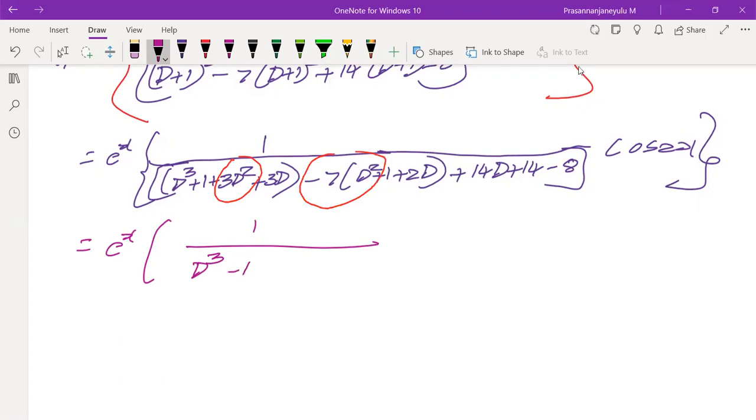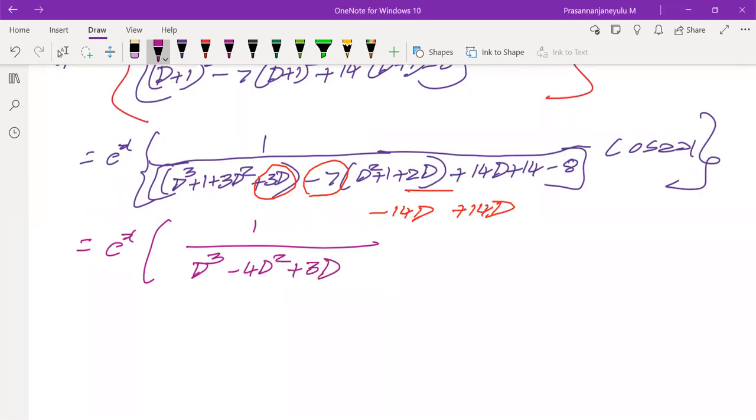Minus 4d square plus, what is the next term? I take the d terms: 3d, minus 7 into 2d is minus 14d, plus 14d. 14d cancels. So finally plus 3d.